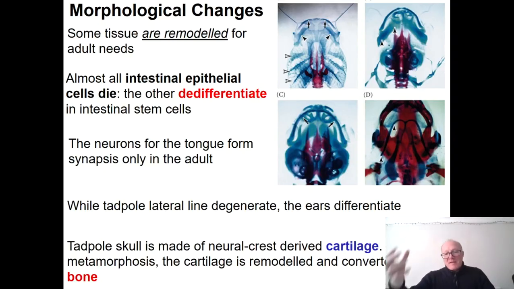However, during metamorphosis, this cartilage is turned into bone. So the adult will have a different kind of skull compared to the tadpole. However, the skull of the adult derives directly from the tadpole skull, but the material of the skull of the adult will be bone instead of cartilage.